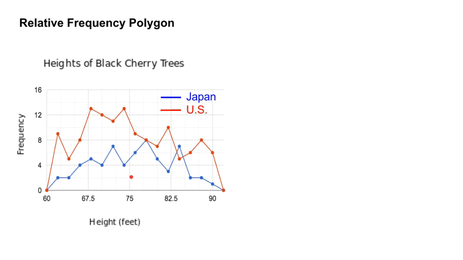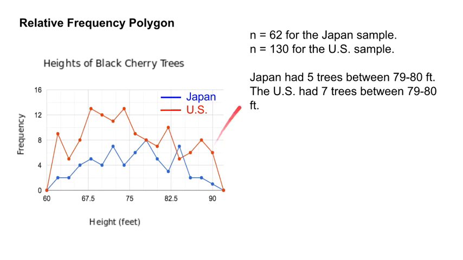So this is not a relative frequency polygon here. This is exactly the same thing that we just saw. That's a regular old frequency polygon. Hard to tell. US has more trees in its sample than Japan. In fact, Japan has 62 trees, N is 62 for that sample. And the US N is 130. There are 130 trees in the US sample.